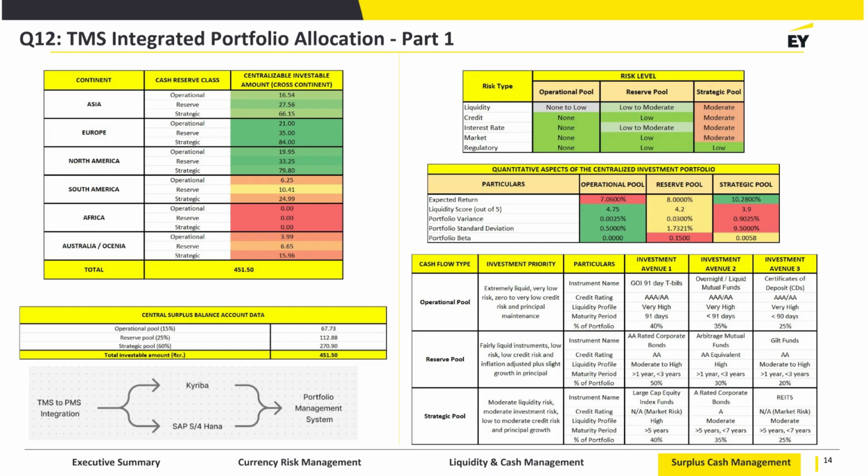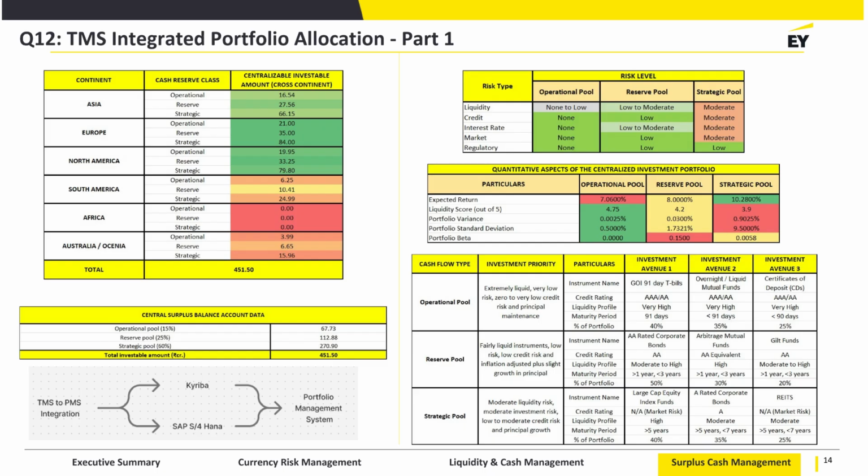The table on the bottom right looks to talk about the investment priorities of the operational, reserve, and strategic cash pools, as well as the specific instruments which we will be investing this centralized cash pool in.